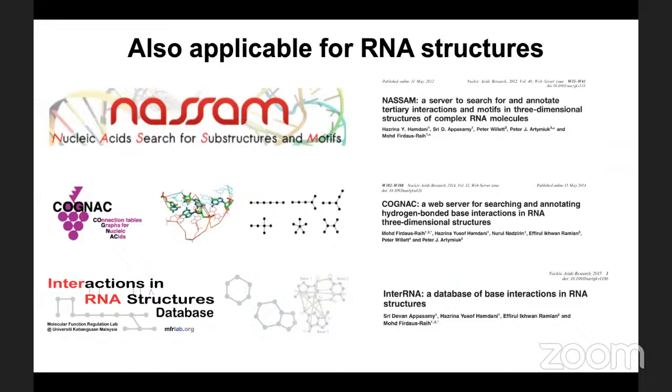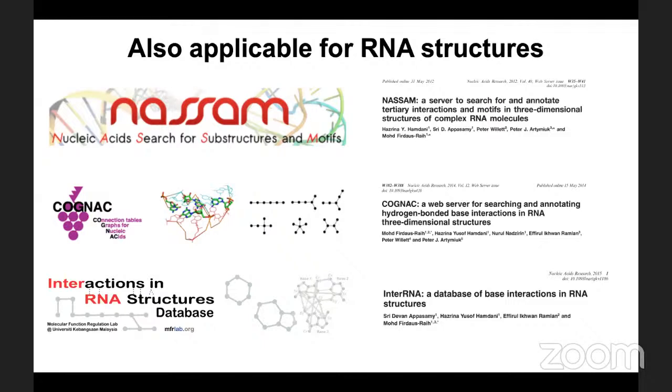And again, to make it easy for people to use, we have converted the algorithms into web accessible interfaces. One is called NASAM, which is very similar in operation to the ASAM and Sprite program I mentioned just now.